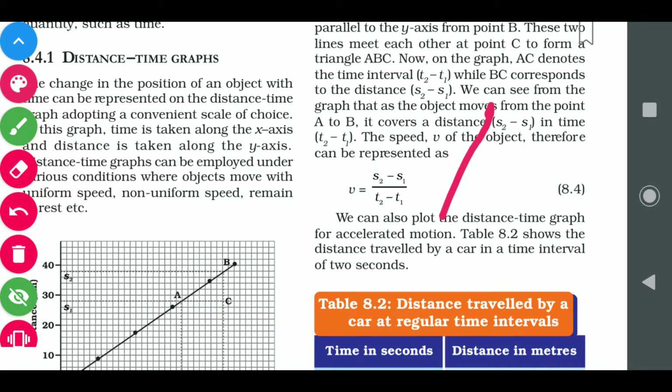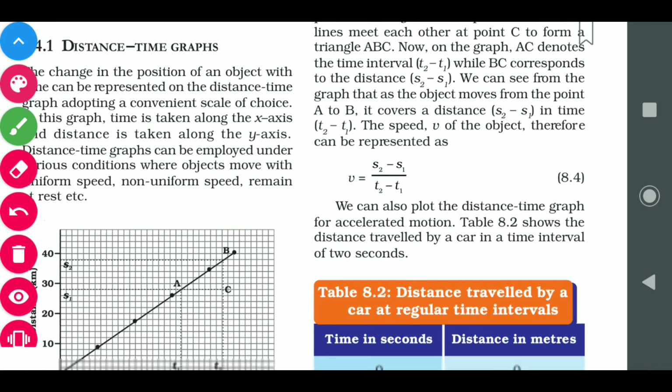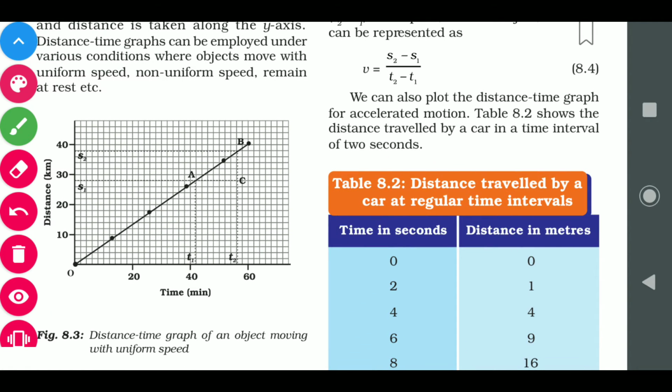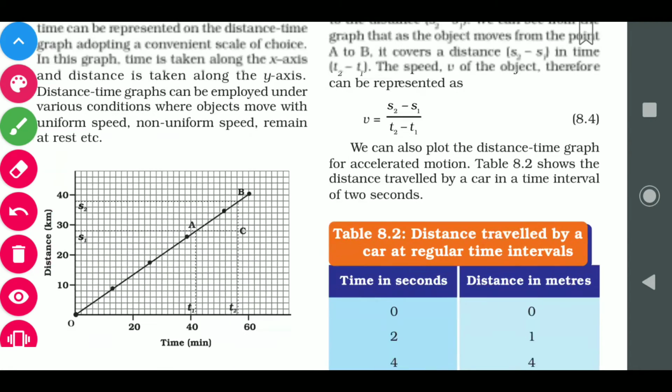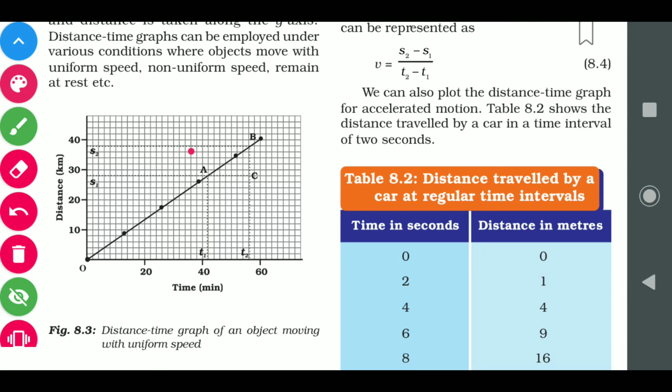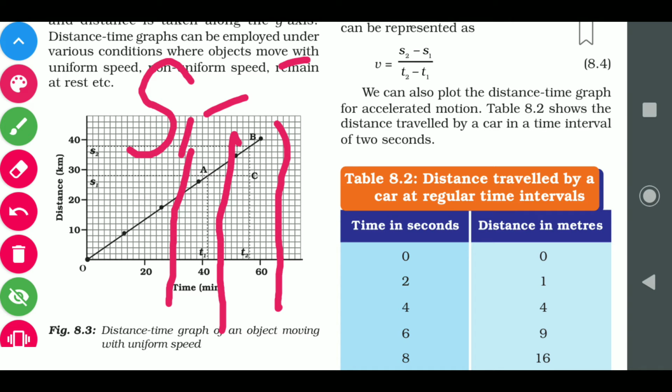Let's check here. At t1 the object is at point A, and the distance traveled is s1. At t2 it is at point B, and the distance traveled is s2.